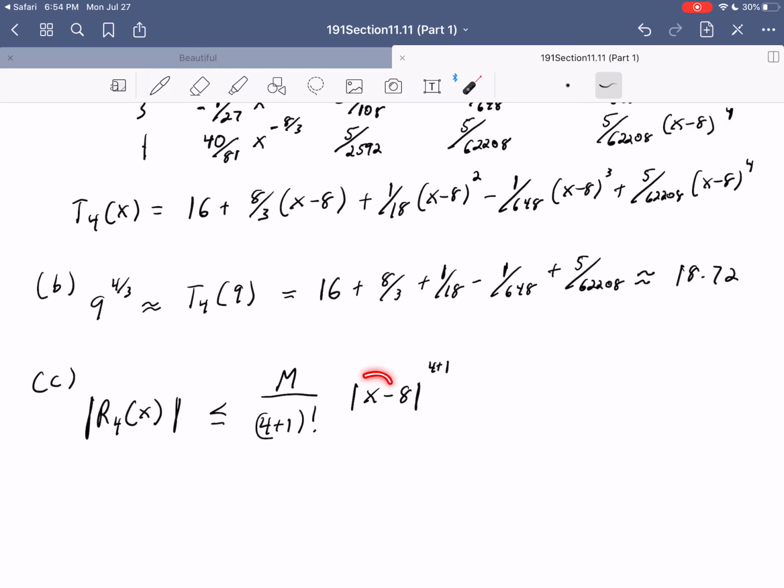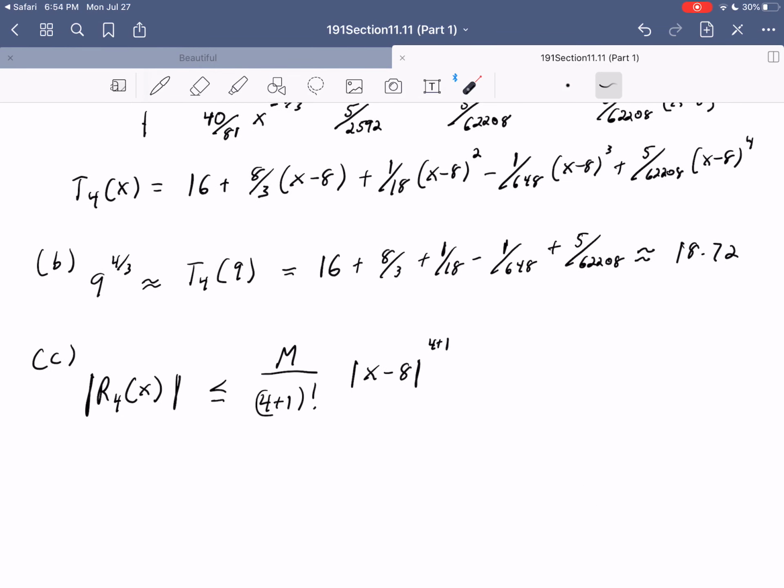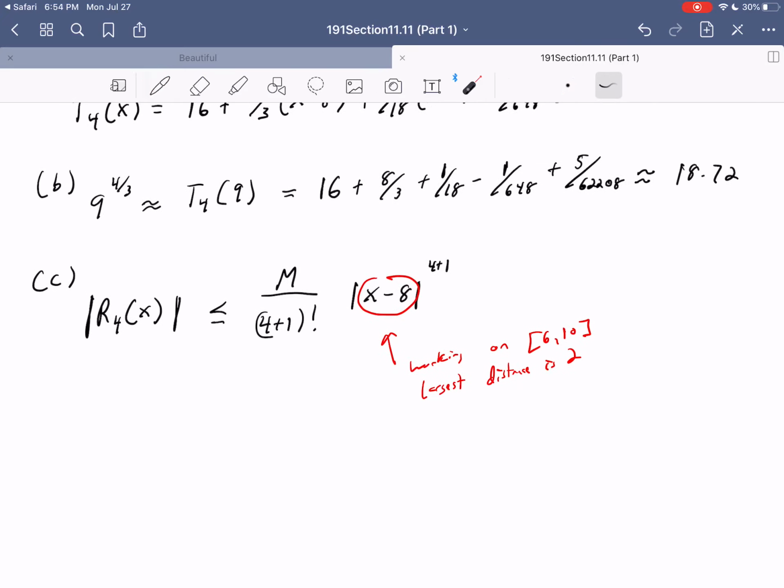Okay, first thing to do is to figure out how big this could be. Since we're working on the interval 6 to 10, the furthest x could be from 8 is going to be 2. The most we could be away from our center is 2.